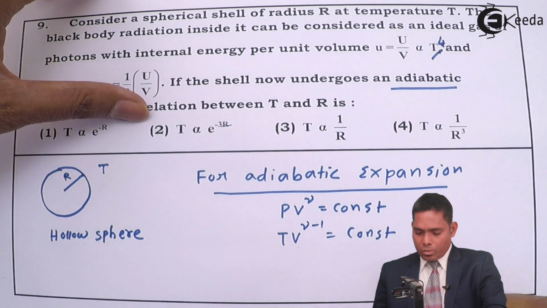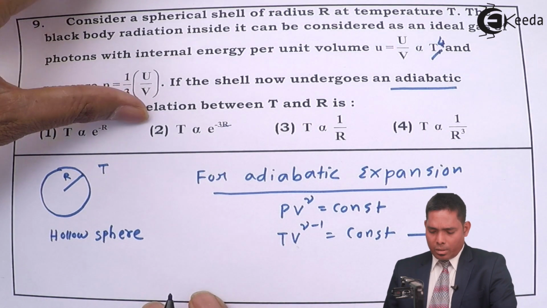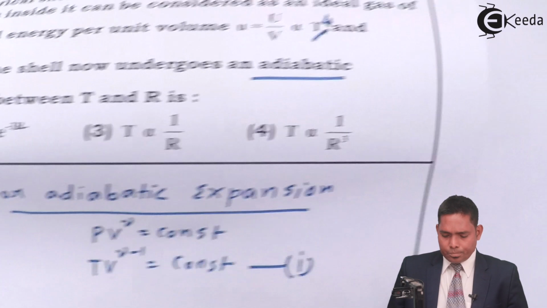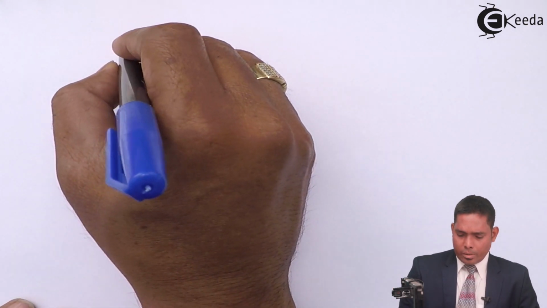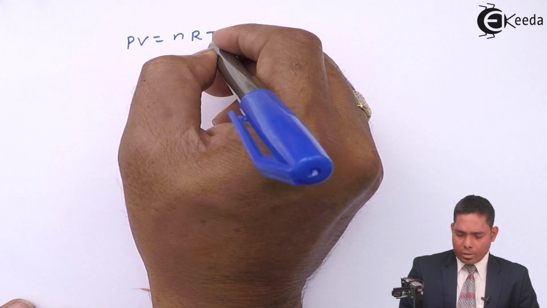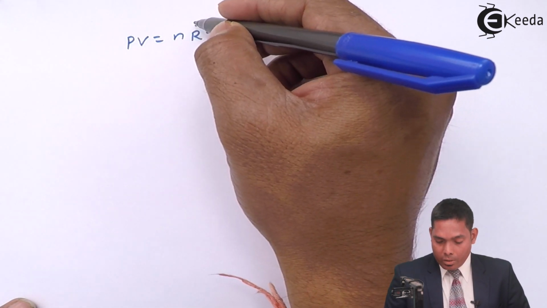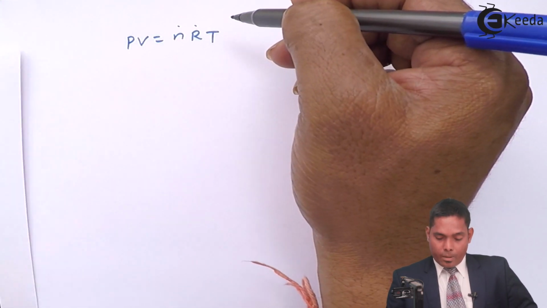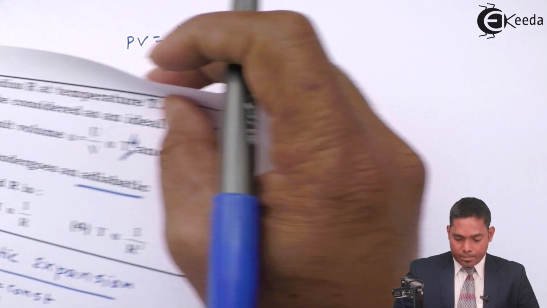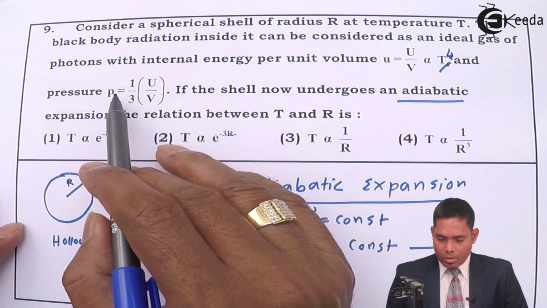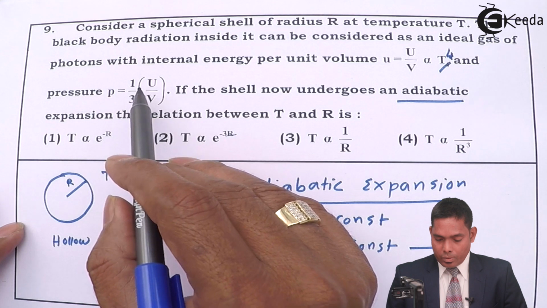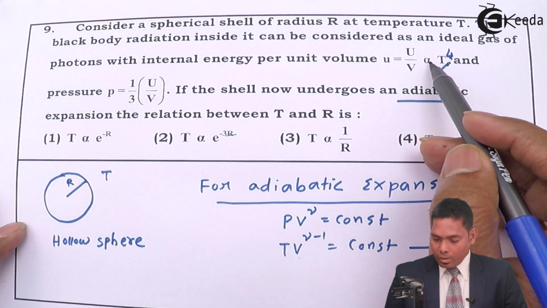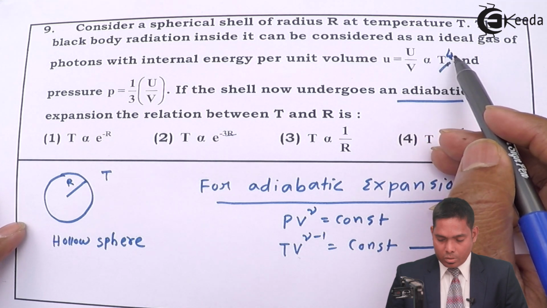So now, from TV raised to gamma minus 1, this is equation number 1. Then think of this volume, and then we know that in the PV equals nRT equation, this is your R, this is the number of moles, this is pressure, this is volume, this is T. Now you can see here that the pressure is 1/3 U by V, and U by V is proportional to T raised to 4.